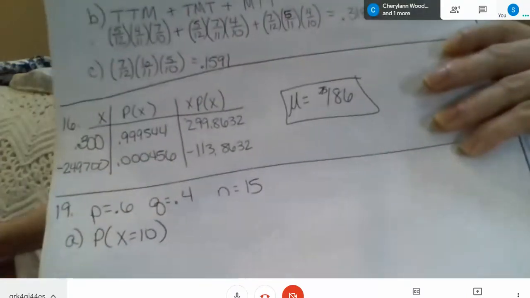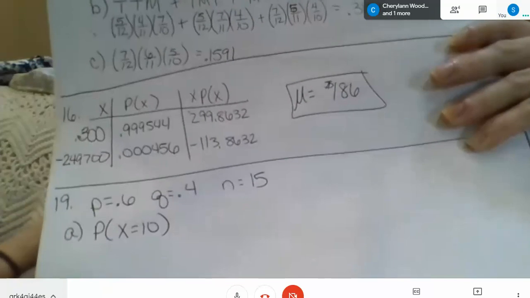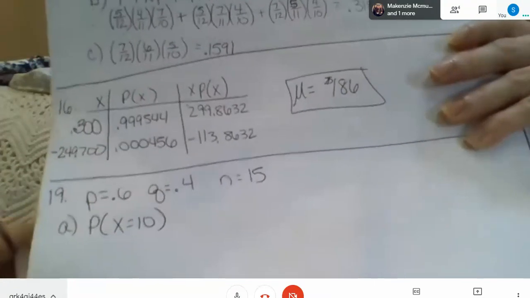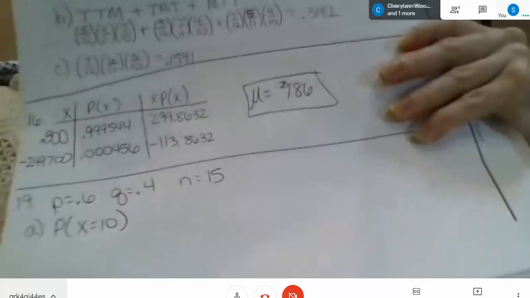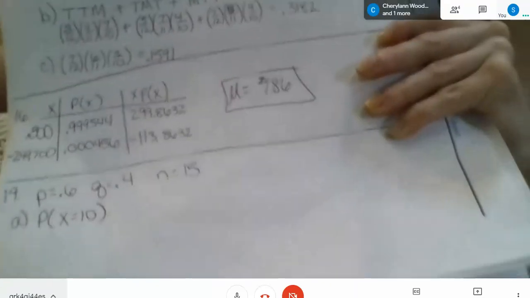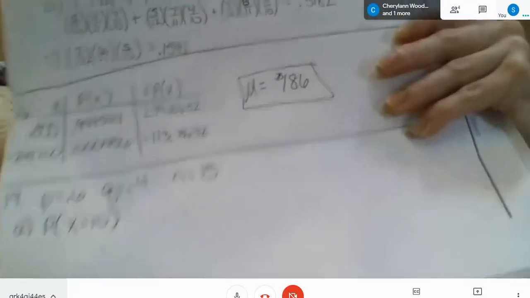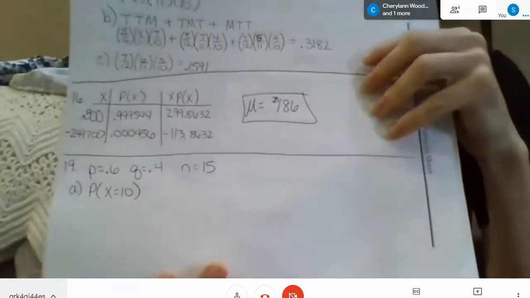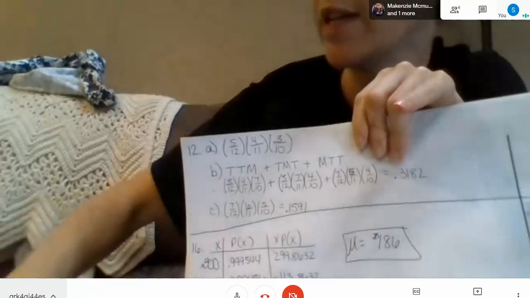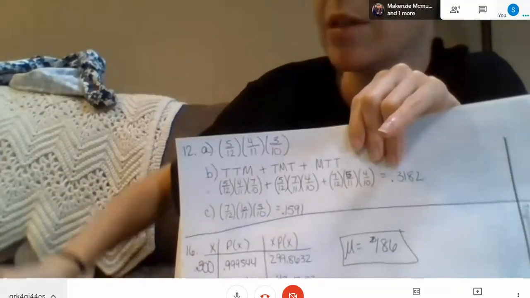So pull out your binomial table. And I know those of you at home don't have it, so if you just look in the back of your book, Appendix A, it's on page A3, there's the binomial table. Okay. We know that my N is 15. So if you look along the left-hand side, that tells you the N values.